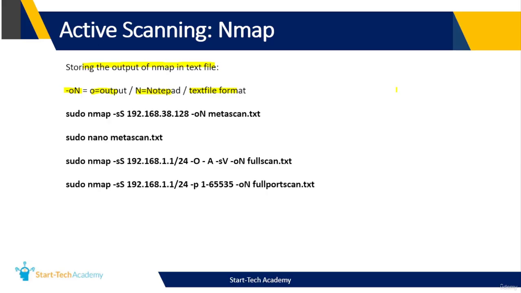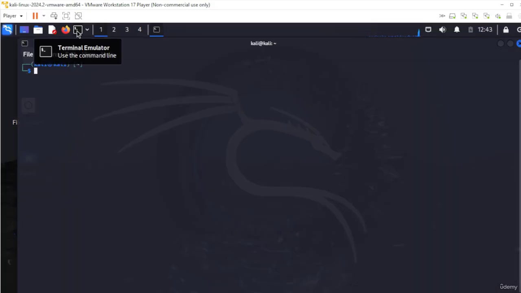Let's go to Kali, go to our terminal as we always do, and we'll try the hands-on: sudo nmap, then whatever you want to scan. This is going to be -sS, and we are going to scan the IP address of the target machine, and then you just say -oN metascan.txt.